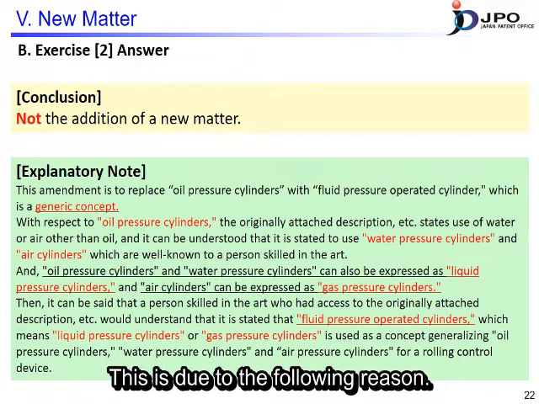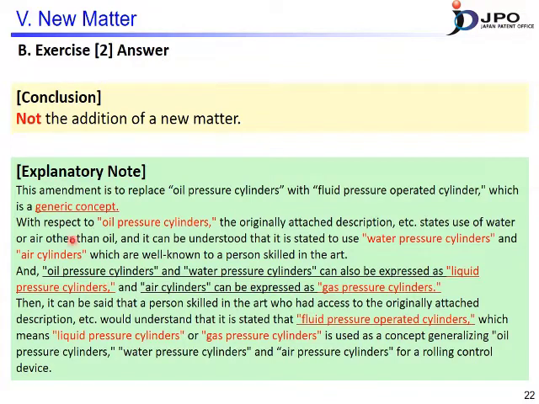This is due to the following reason. This amendment is to replace oil pressure cylinders with fluid pressure operated cylinder, which is a generic concept. With respect to oil pressure cylinders, the originally attached description, etc., states use of water or air other than oil.